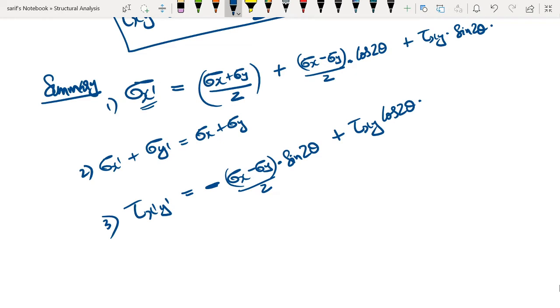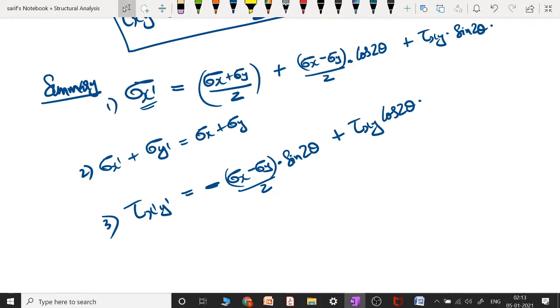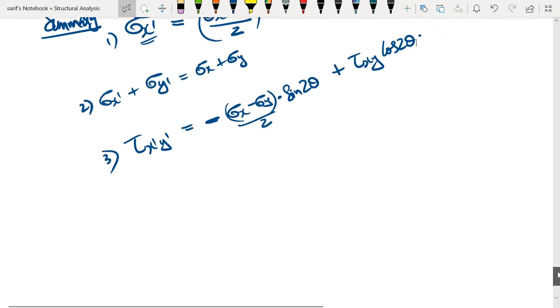Now with this idea, let us try to solve a numerical example.